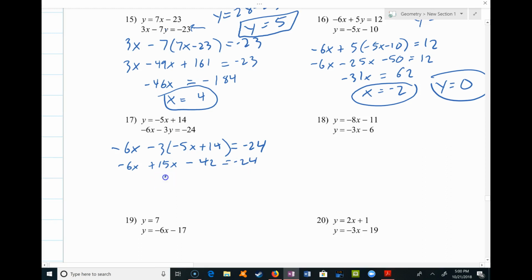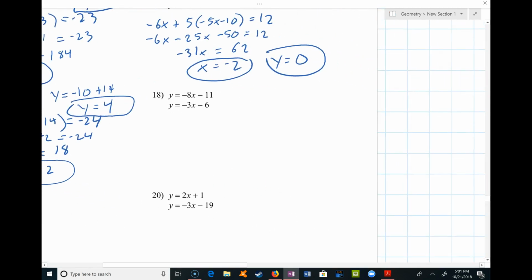Combine like terms, and we get 9x is equal to, I'll add the 42 to both sides, and I get 18. Therefore, x is equal to 2. Go back up here, y is equal to 2 times negative 5 is negative 10 plus 14. Therefore, y is equal to 4.